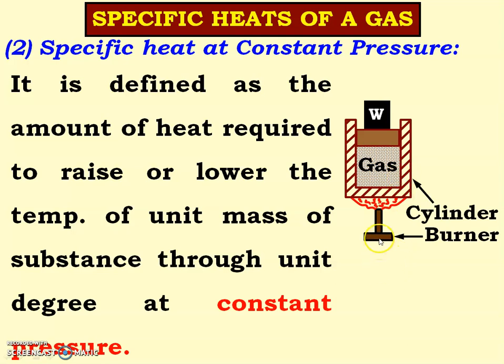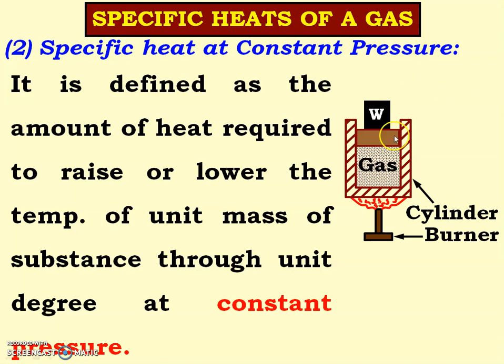Now when we supply heat to that gas, what will happen? Two things will happen. One is the temperature of the gas will increase. Similarly, the volume of the gas will also increase and the piston can move up. Now clear? When the gas expands, the volume of the gas increases. So some work is done, because as we have discussed, work done equals pressure multiplied by final volume minus initial volume.